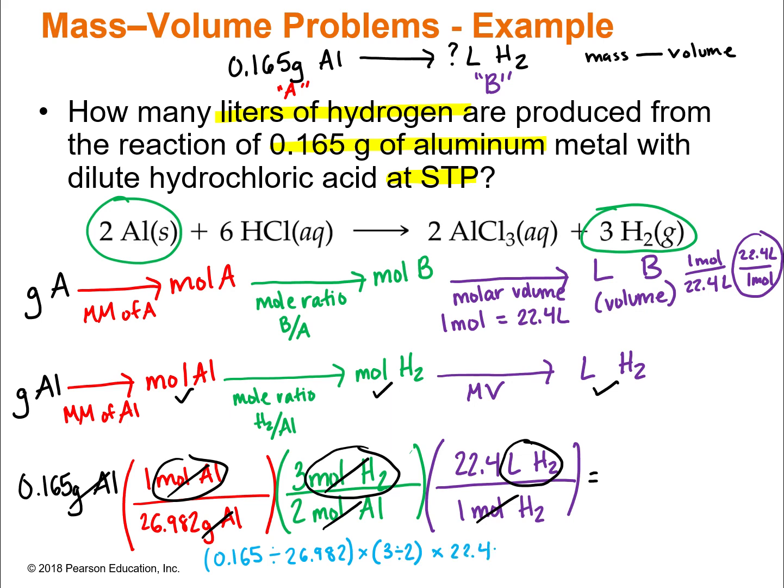And multiply that by molar volume. And you should get 0.205 liters of hydrogen gas. That's the generic, how do we solve a mass to volume problem?